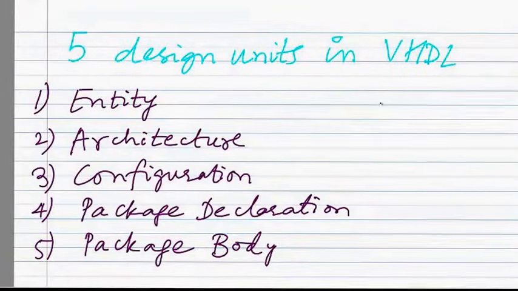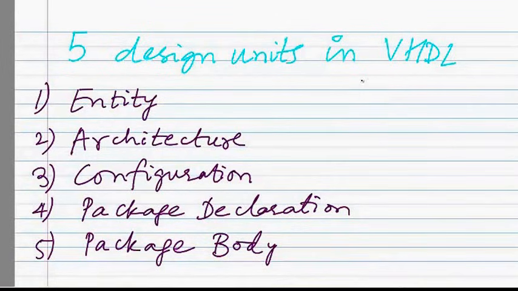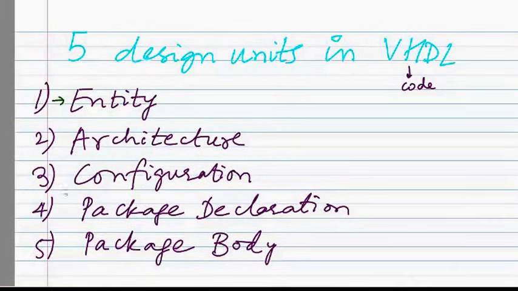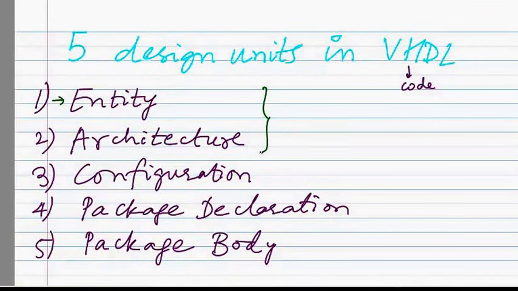So if I take a VHDL design or a VHDL code, there are primarily 5 units. You have the entity, architecture, configuration, package declaration, and package body. The two most commonly used units are entity and architecture.